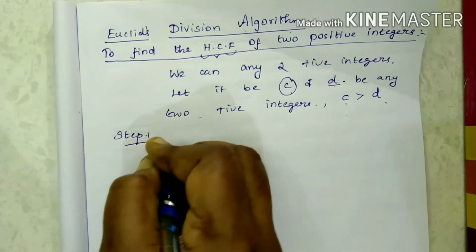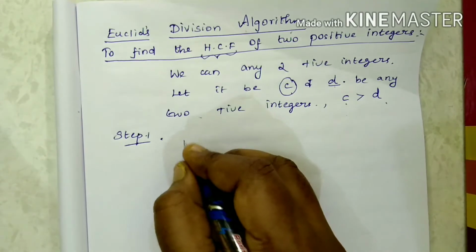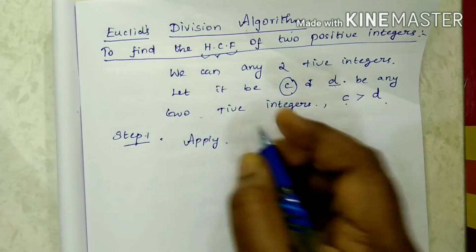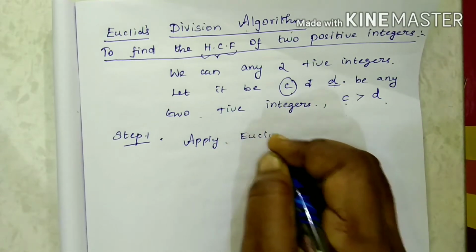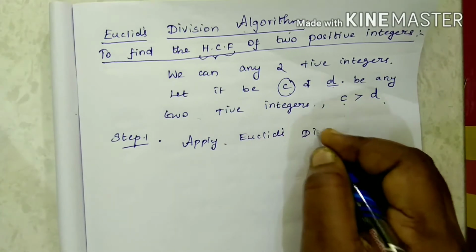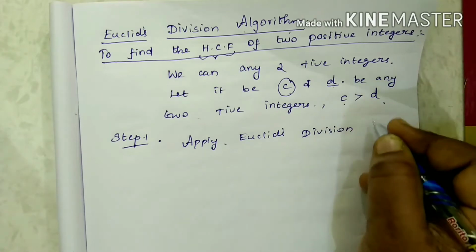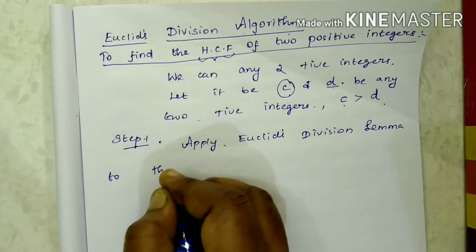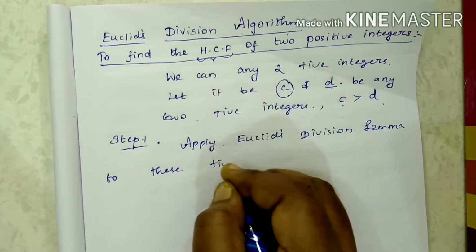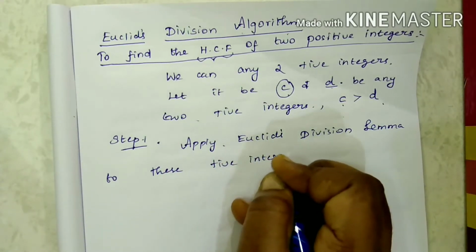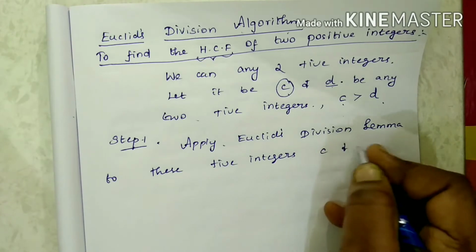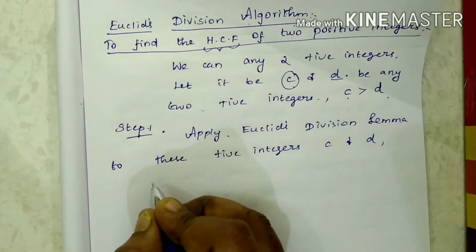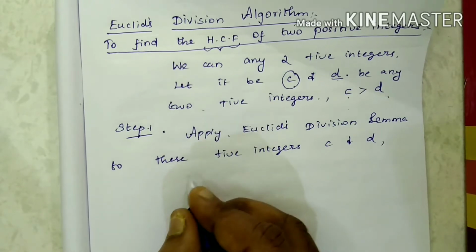So what does step 1 mean? We are going to apply our previous topic, that is Euclid's division lemma, to these positive integers C and D. For that, first of all, we can recall the Euclid's division lemma statement.